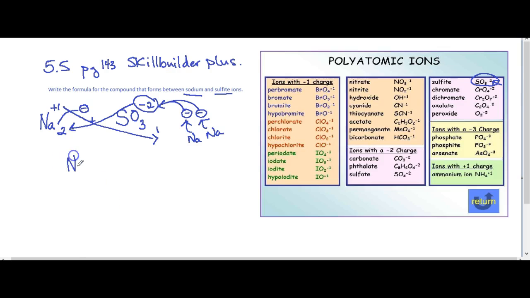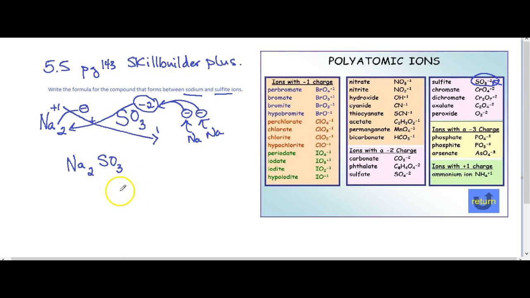Your formula for sodium sulfite is going to be Na2SO3, and as it's a 1, you don't have to put it in brackets and put a 1. You can just leave it as that.